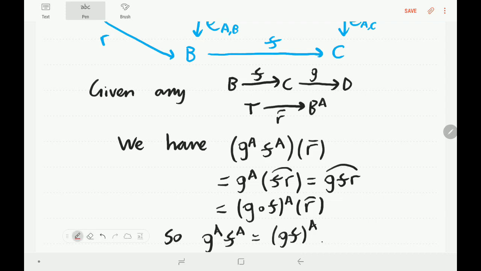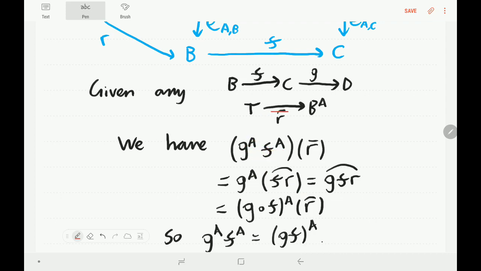So we can use this formula we already have. Basically what we're going to show is that g to the power of A, f to the power of A, when we compose that with any arrow, we always get the same result as when we compose g f to the power of A with that arrow.